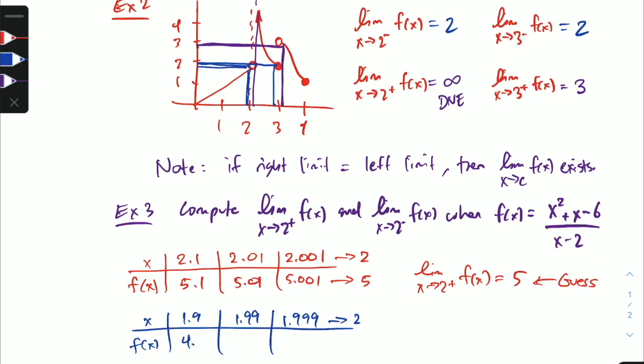So if you do this with your calculator, you put 1.9 into this, you'll get 4.9 as an output. If you put 1.99, you get 4.99, and then you'll get 4.999 when the input is 1.999. So again, we're seeing that as we approach 2 from below, we're getting 5.